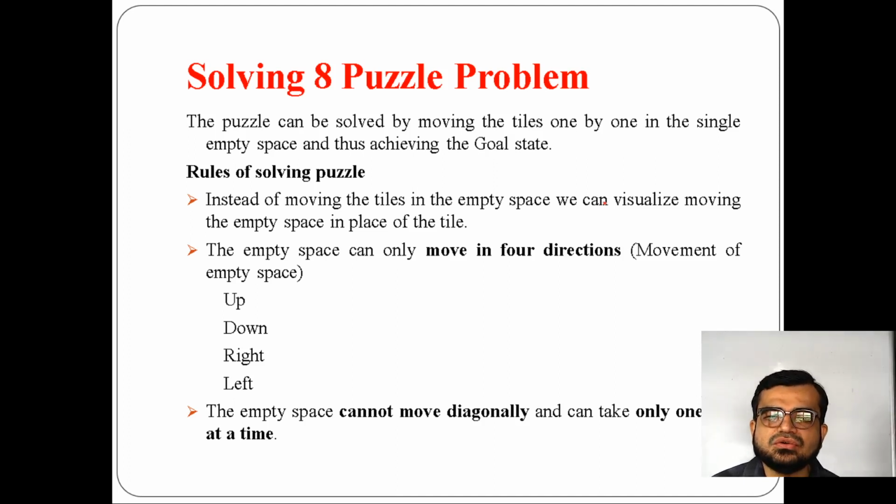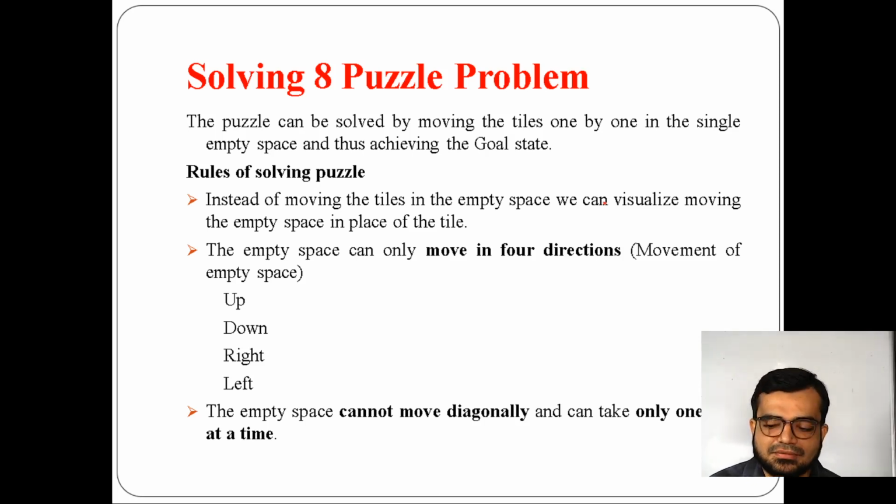If you consider the rules, instead of moving the tiles into the empty space, we can visualize how the empty space is moving. As I said, it moves in 4 directions: up, down, right and left. And the empty tile cannot move diagonally.